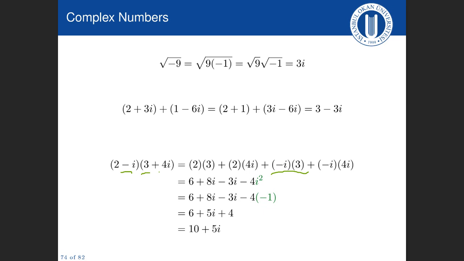And then finally second by second, minus i multiplied by i. We have 6 plus 2i minus 3i minus i squared, but i squared is just minus 1. So minus 1 multiplied by minus 1 is just plus 1. The answer is 7 minus i.